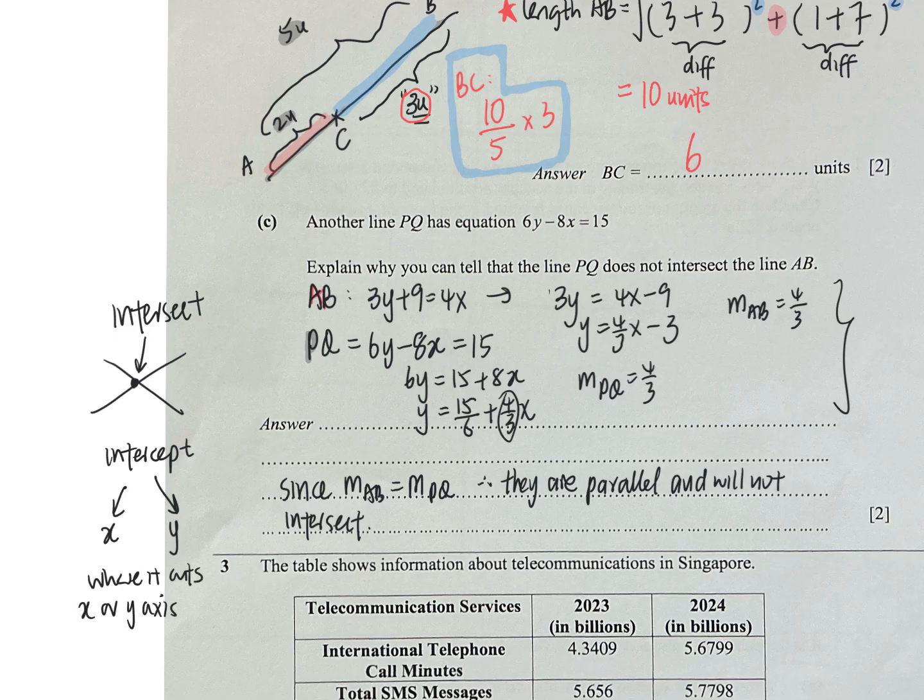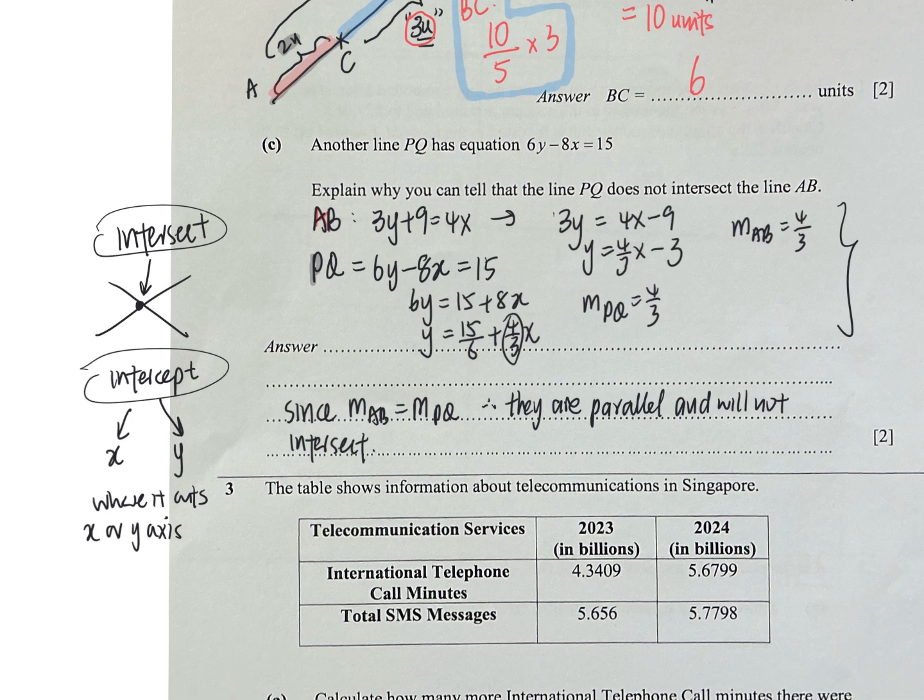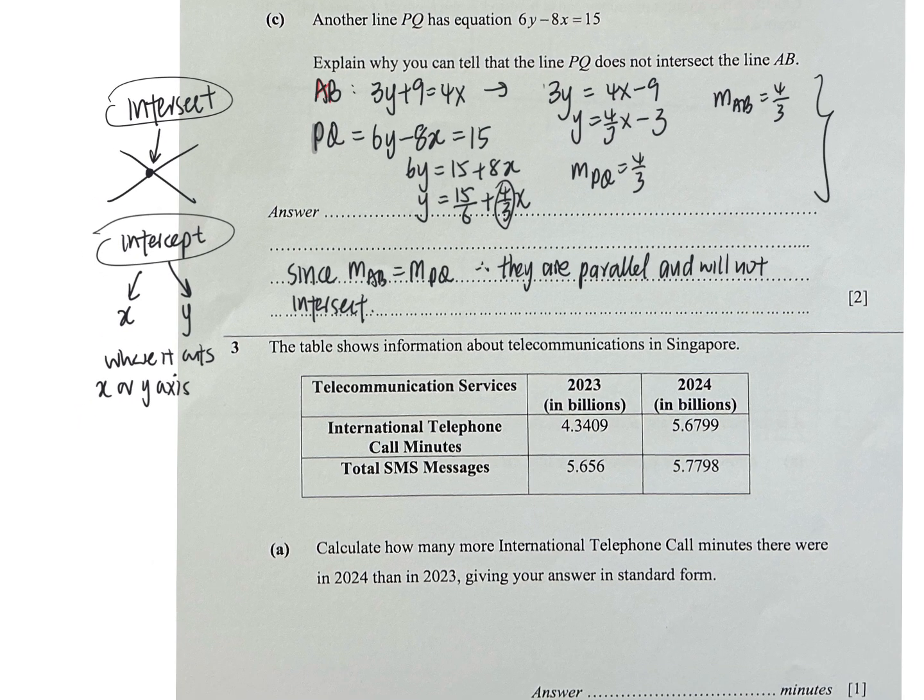So it depends. When we use intercept, we are referring to where it cuts at a specific place. But intersection is where two lines meet. So we use intersect, not intercept. Intercept is for the x-intercept and y-intercept. Okay, use it correctly.